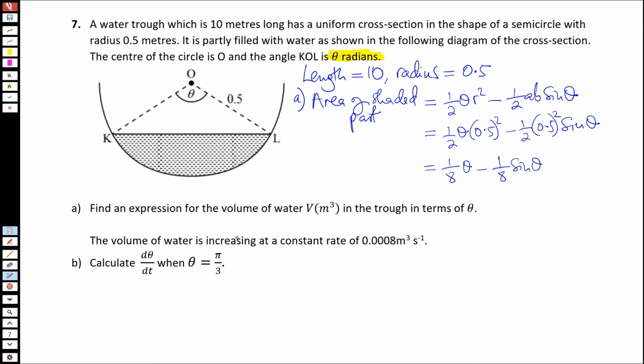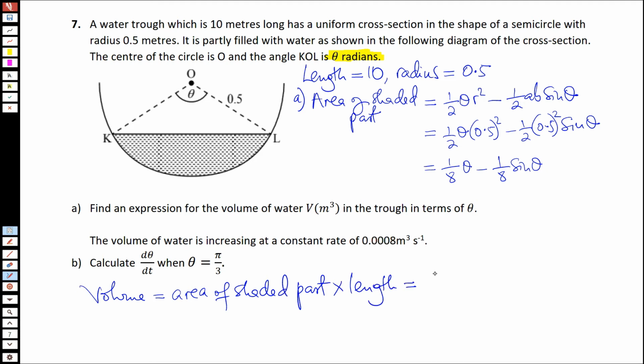So basically the volume of the water will be equal to the area of the cross section, so the area of the shaded part, multiplied by the length.